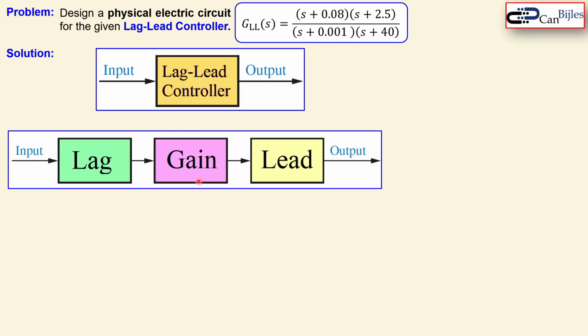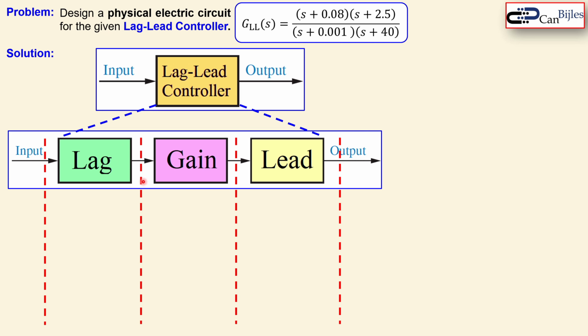So this is then determined later if it's really required, and it depends on the value of the lag and the lead combination. So if the lag and the lead together has a gain of 1 exactly, then there is no gain required. But if the gain is different, then we need to add the gain that compensates that. So this together, whole thing, will be then making this lag lead controller.